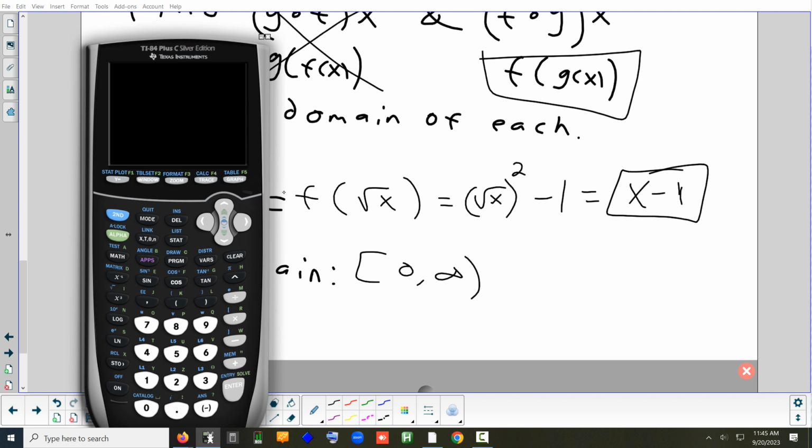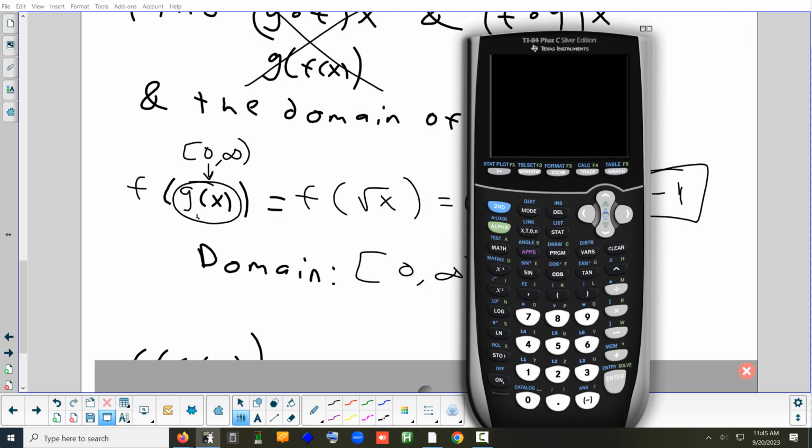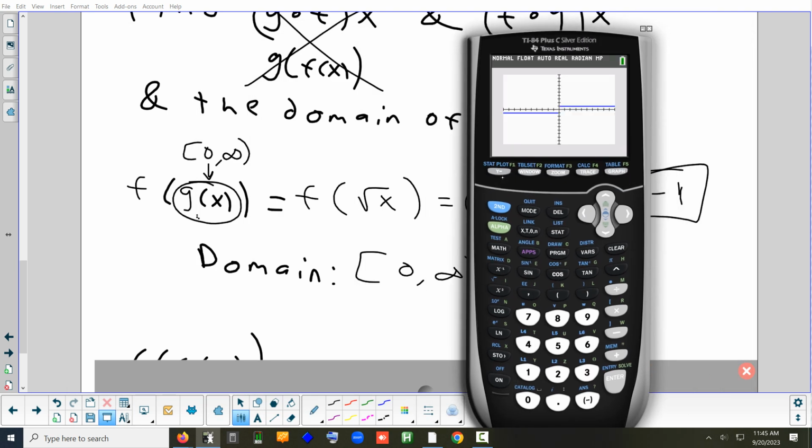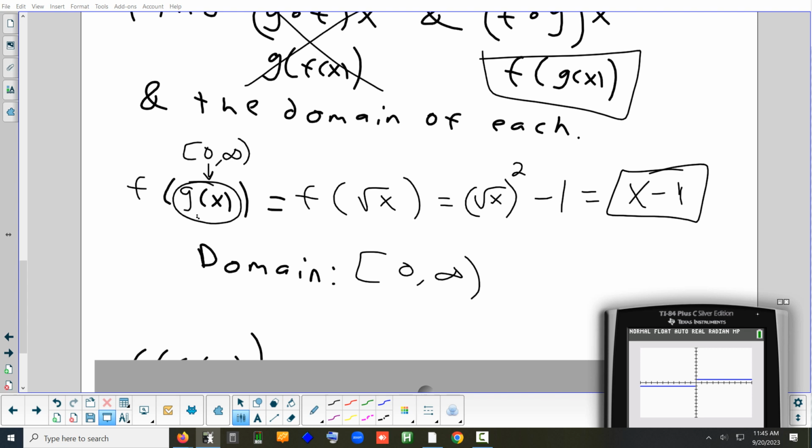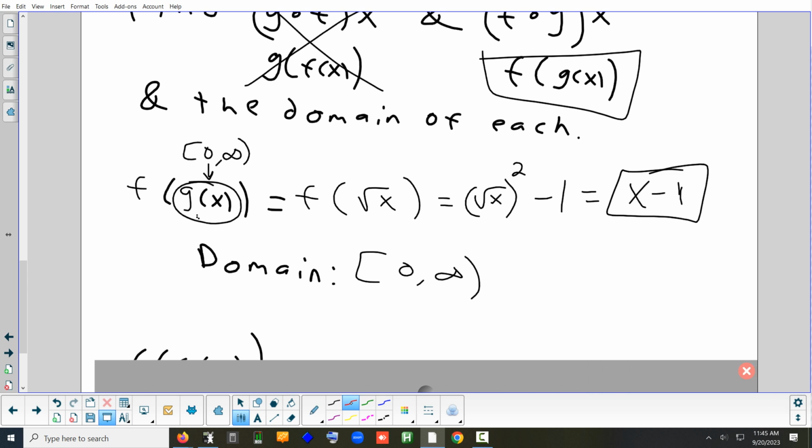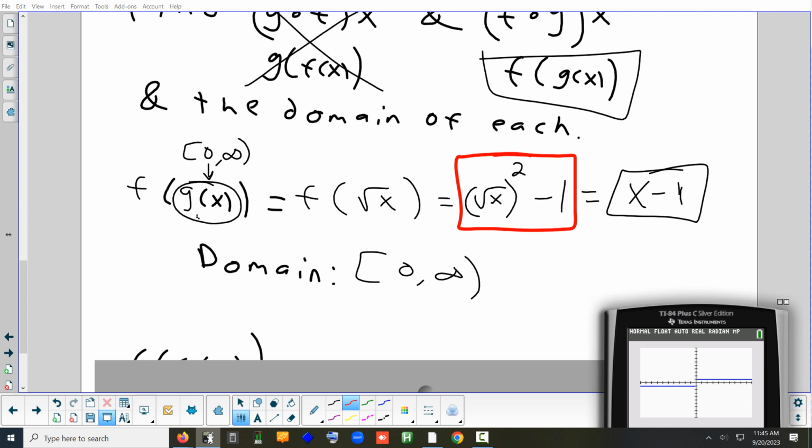Now, if you want to find the range, which we're going to do in a second, which one do you think I would want to plug into the calculator? What's in the red box or what's in the black box? The red box. If you plug in the black one and you just tell the calculator x minus 1, it would have no idea that there was a square root in that problem originally.